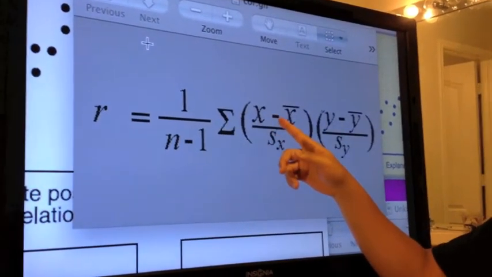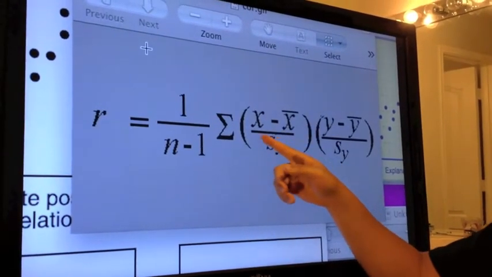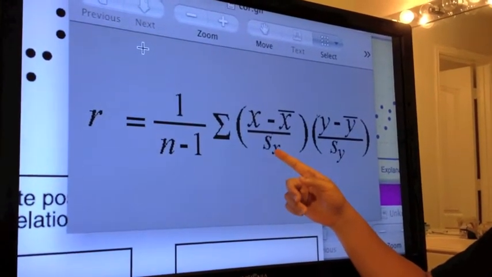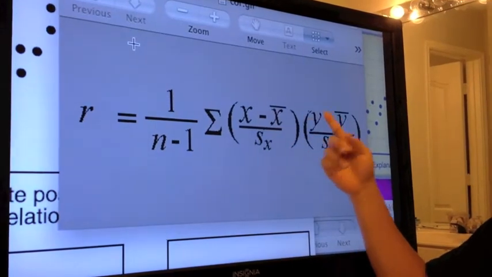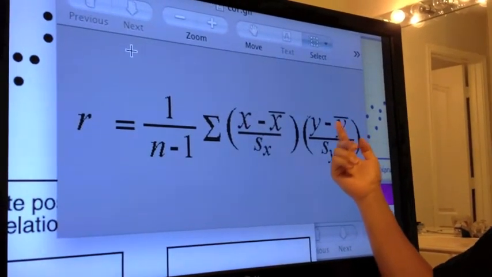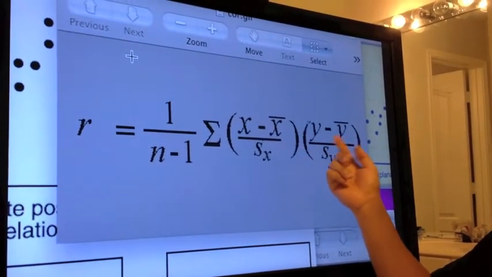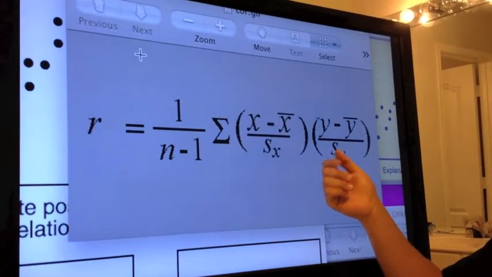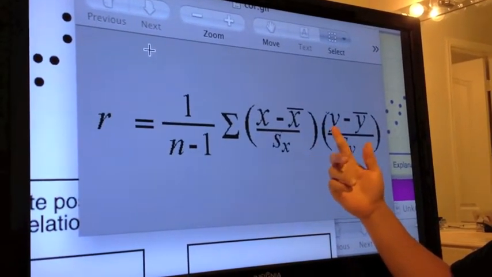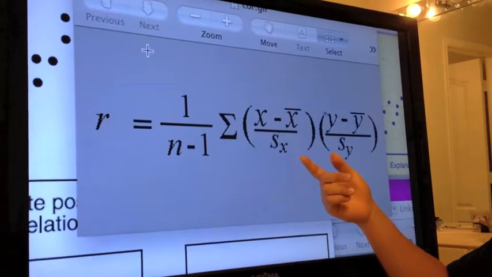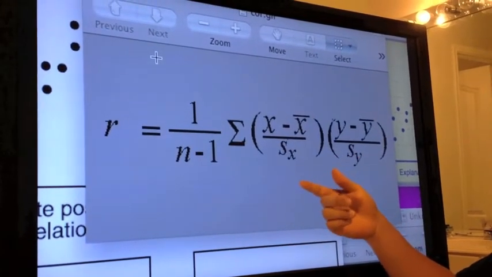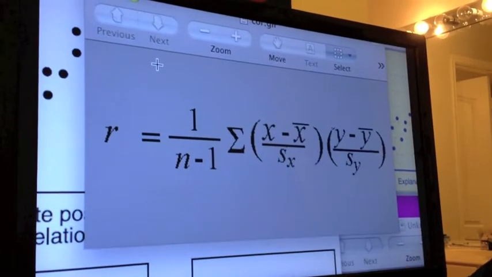There's x, you subtract the mean of x from it, and then you divide by the standard deviation of x, and then you multiply that by y minus the mean of y, divided by the standard deviation of y. And so basically you use PEMDAS for the order of the calculations, and then you'll find the correlation, which is r.